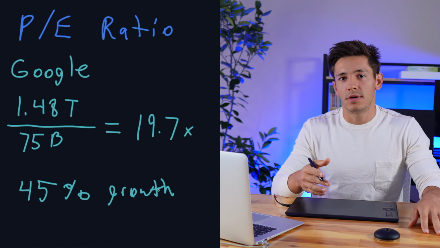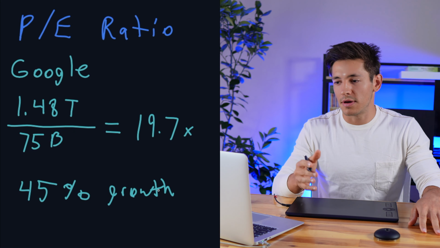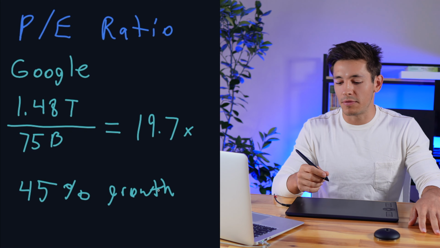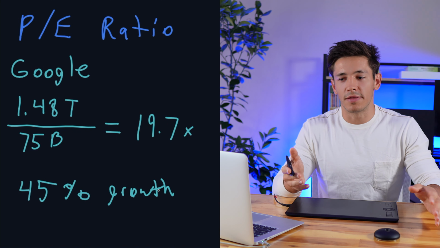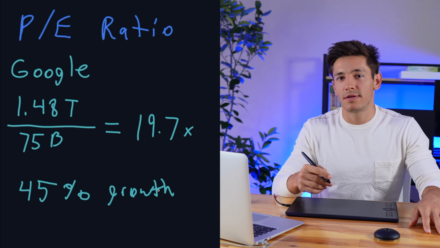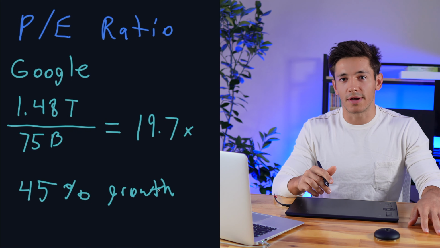So you may be thinking, well, Google, as a huge company with almost no competitors and pretty good growth, should probably have a higher PE ratio than the market itself. And that's a pretty good idea. But there's a lot of other factors to look at.